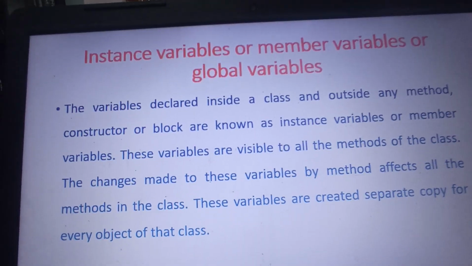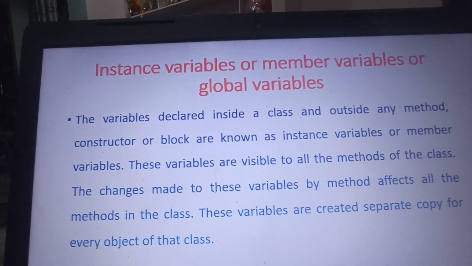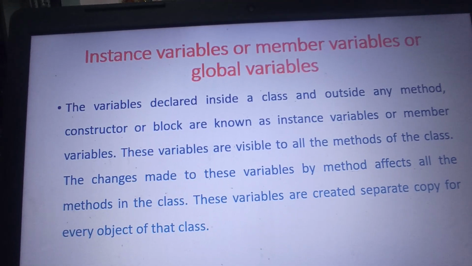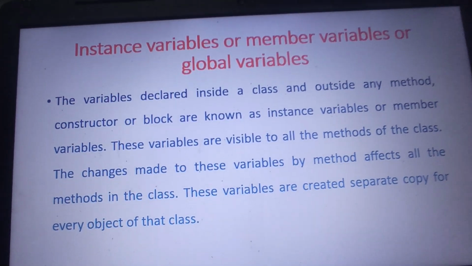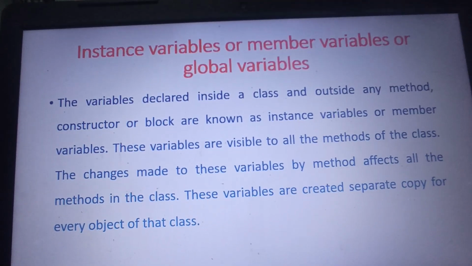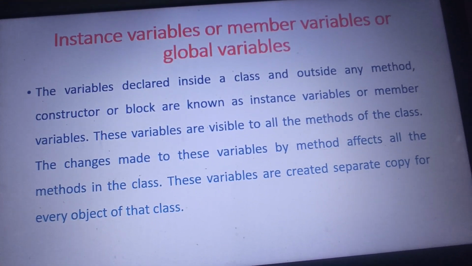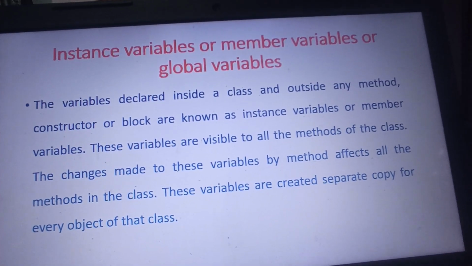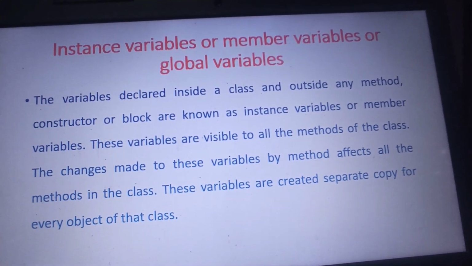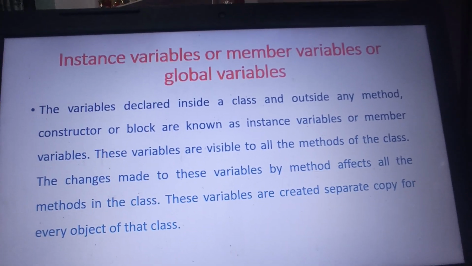Second one is instance variable or member variable or global variable. So a variable declared inside a class and outside any method or constructor or block is known as instance variable or member variable. Why we are using the term member variable or instance variable?